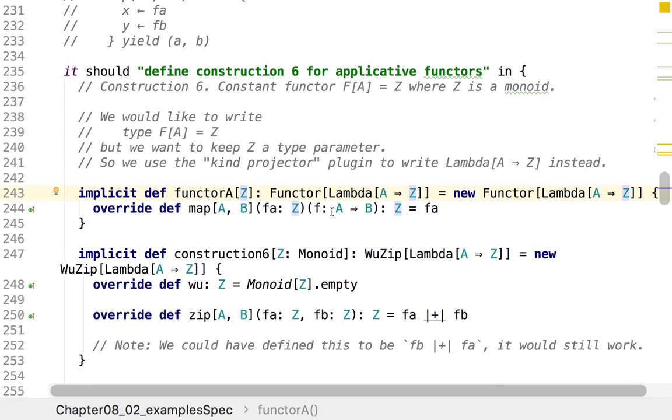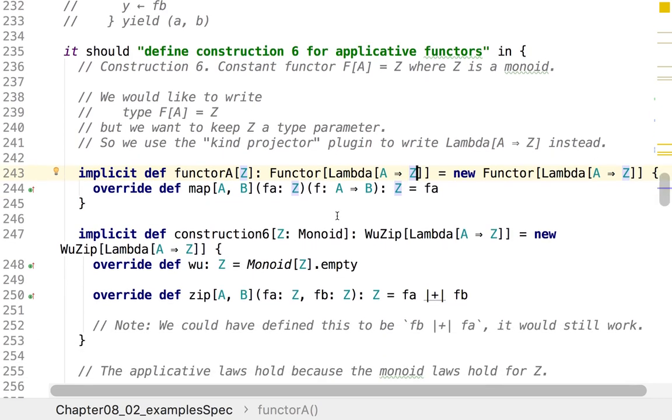So as usual, first we define the functor instance. Now the functor instance is standard. There's just one remark that I'd like to make here, which is that this function f is not used in the map function. So the map function is supposed to take a value of type f of a and return a value of type f of b. But both f of a and f of b are just the type z. They don't depend on a and b.